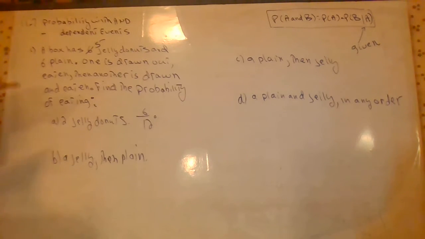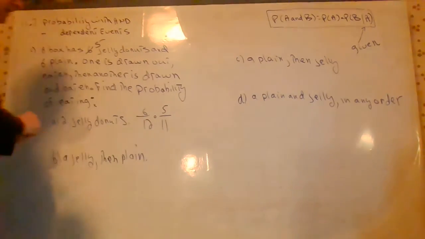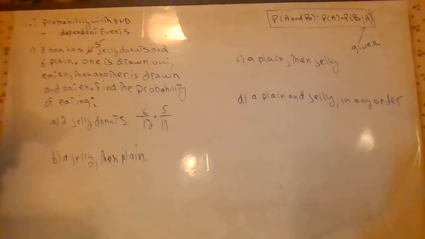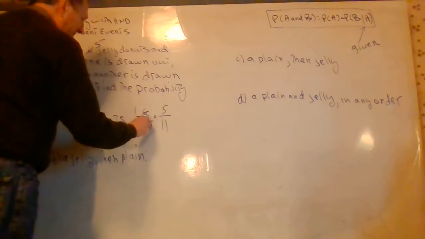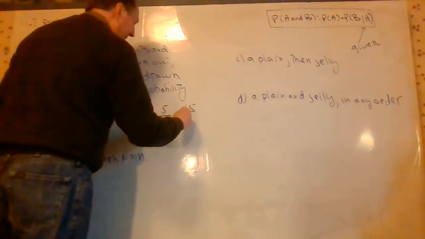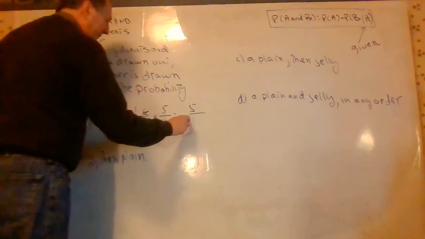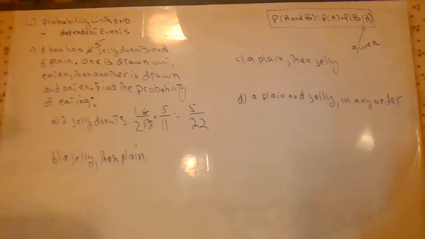So now the second jelly donut is simply going to be 5 out of 11. And now we need to calculate this. Well, you can reduce the 6 out of 12 straight away as 1/2. And then 1 times 5 is 5, and 2 times 11 is 22. So a little less than a quarter of the time that's going to happen.